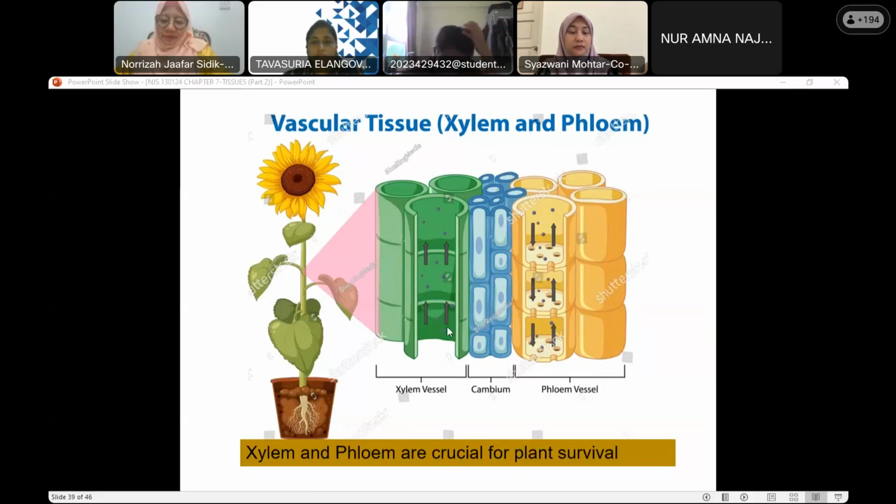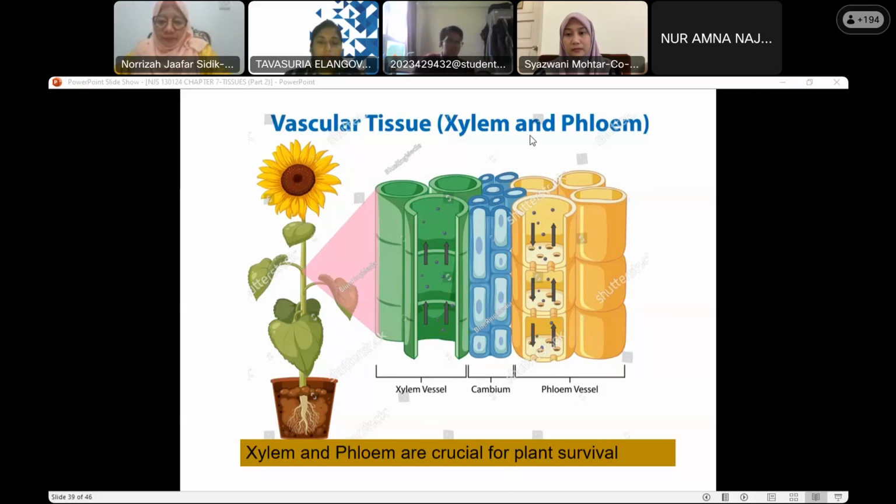If you look here, the xylem vessel transports the water and nutrients in only one direction, one way. Whereas the phloem vessels transport the sugars, the product of photosynthesis, carbohydrates, all those things, bi-directionally, two ways.